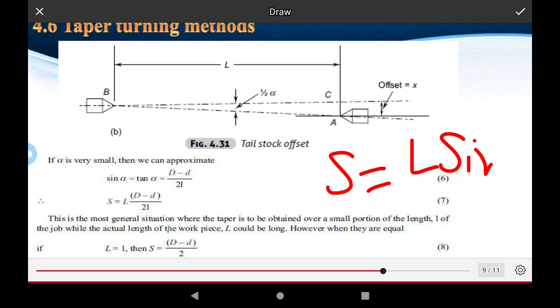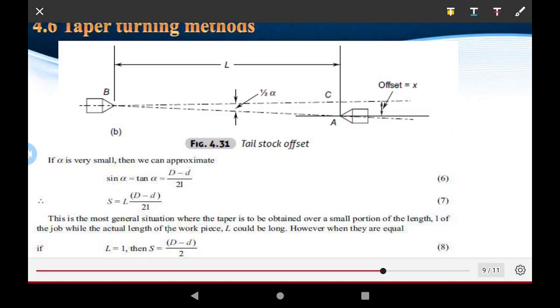Okay, L sin alpha, and in this operation the sin alpha value is put in: S equal to L times the value of sin alpha. Sin alpha is the value of capital D minus small d upon 2L.